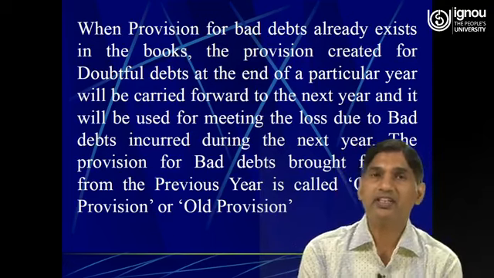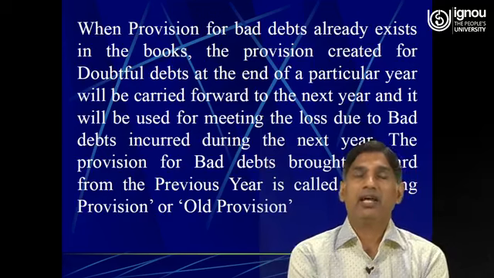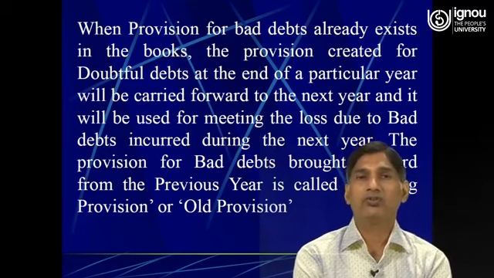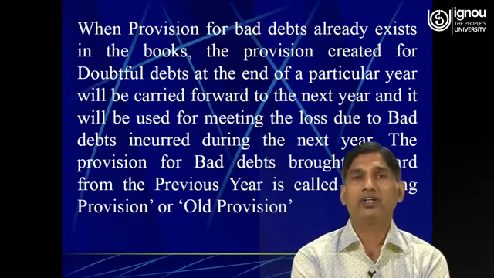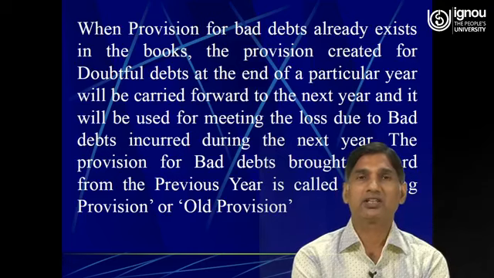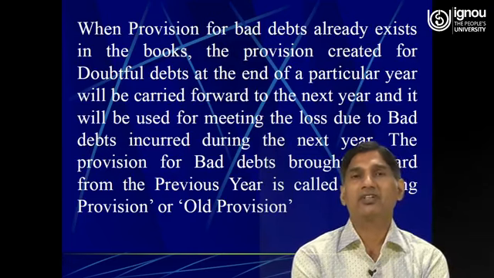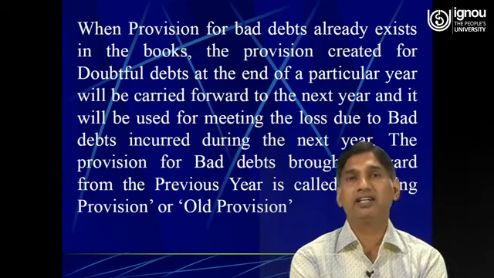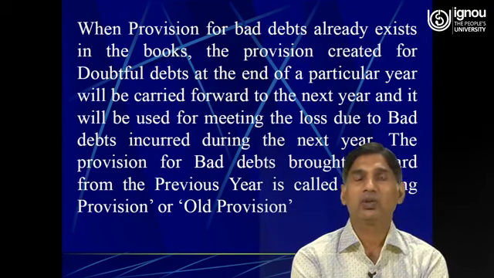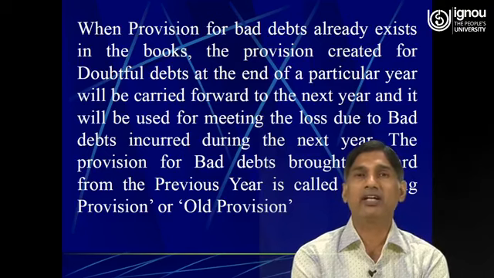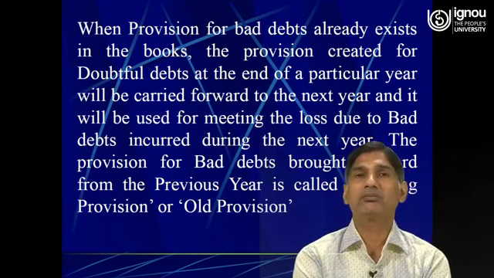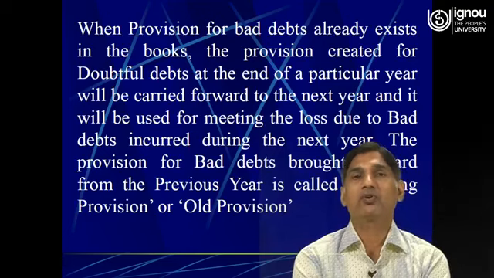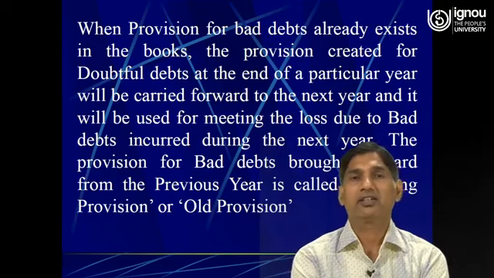So if any balance of provision for bad and doubtful debts is given in the questions, this balance will be carried forward to the next year, and if any bad debts take place during the current year, that amount of bad debts will first be charged to the provision for bad and doubtful debts.